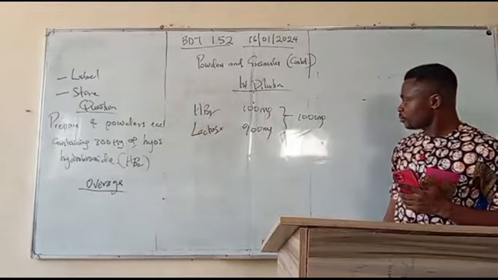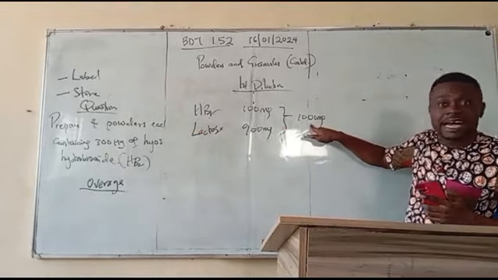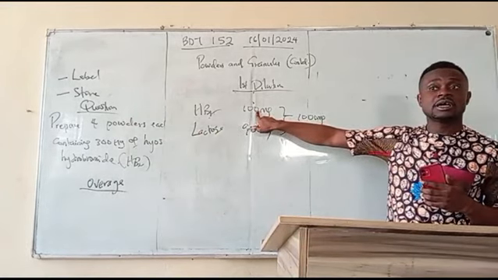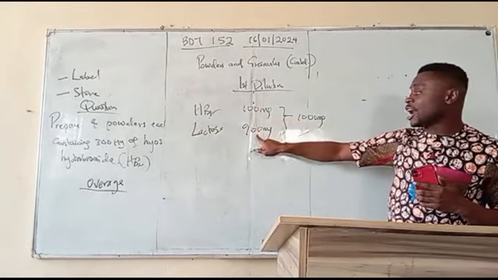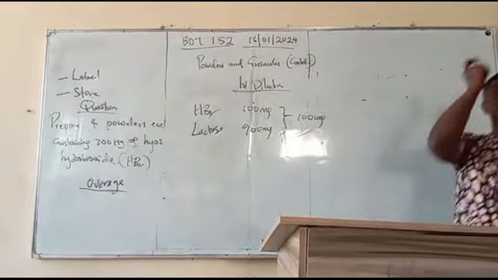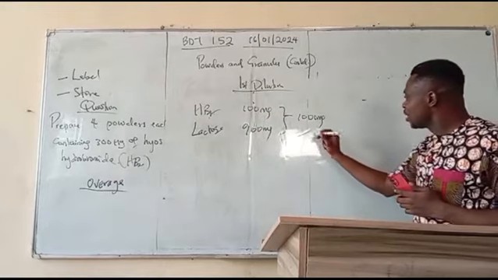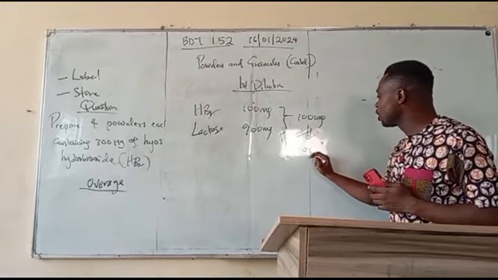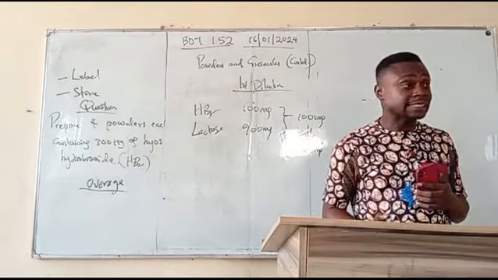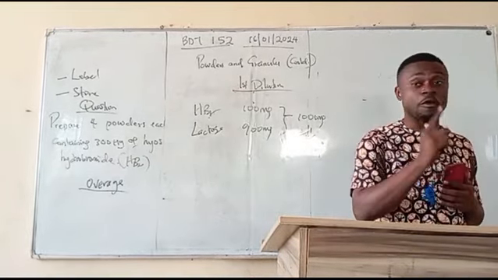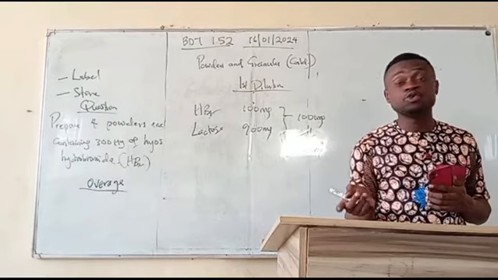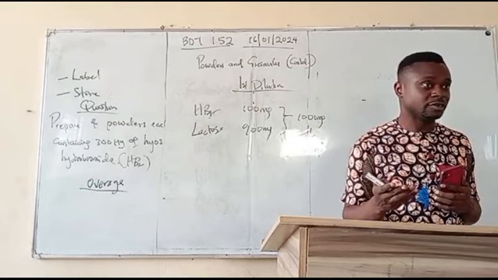That means inside this 1000 milligrams, we have 100 milligrams of hyoscine hydrobromide and 900 milligrams of lactose. Now, remember I told you that mixing is a very important step. If you make a mistake in mixing, you will not get what you are looking for.